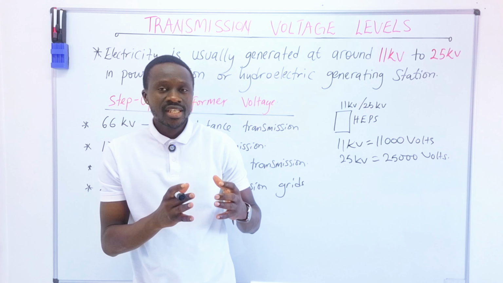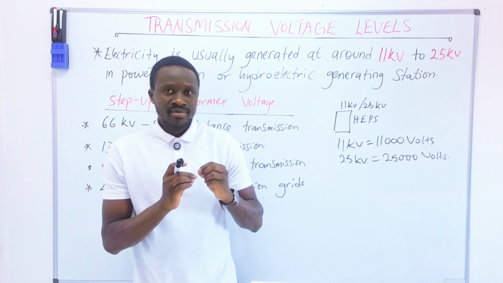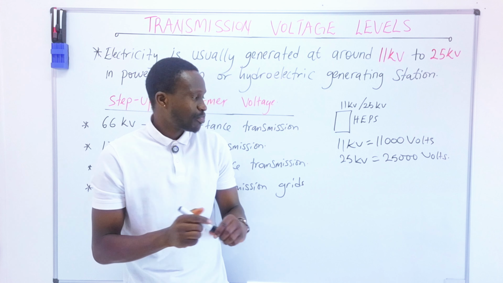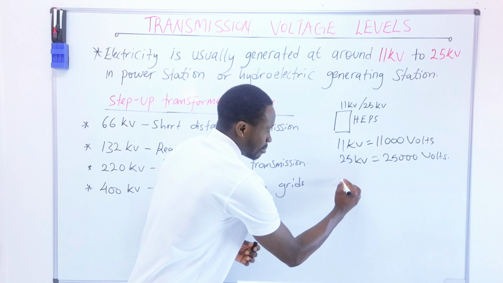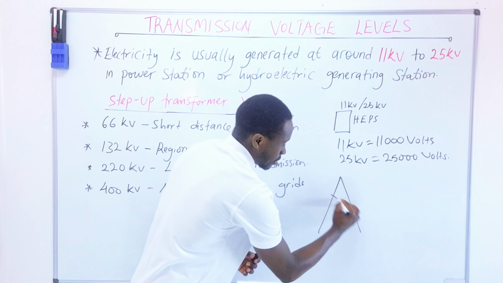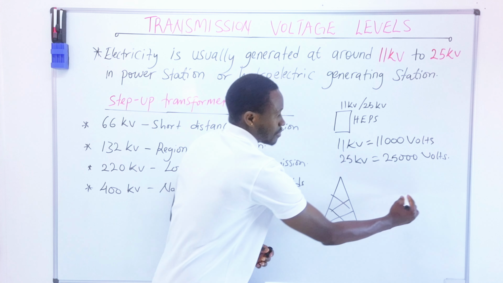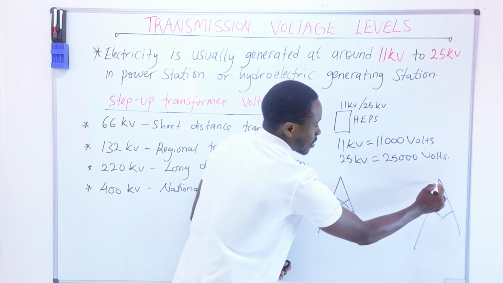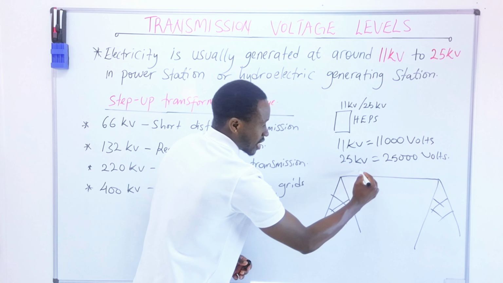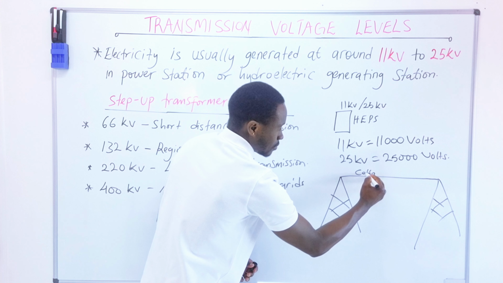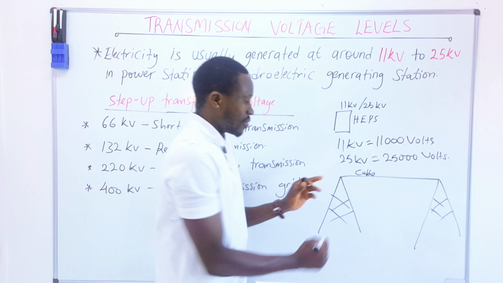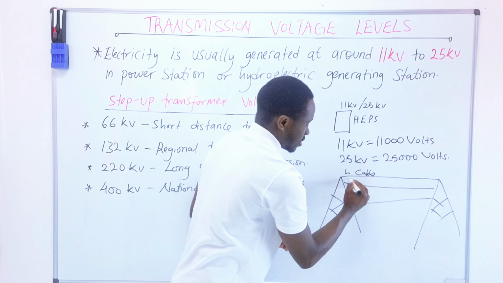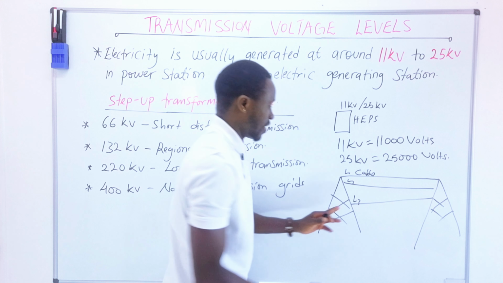Transmitting electricity, we have cables responsible for carrying this electricity. Now these cables, if this is the pole, okay, this is the pylon. Now this is a cable. Let us say it is a 3-phase, live 1, live 2, live 3.